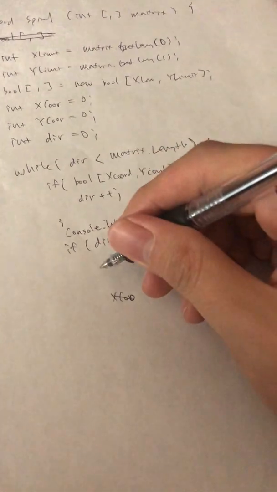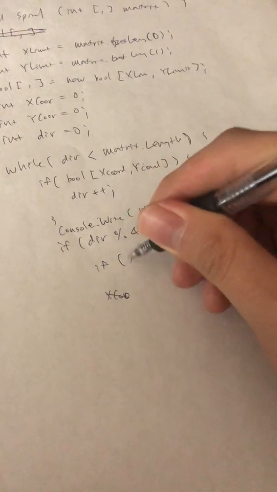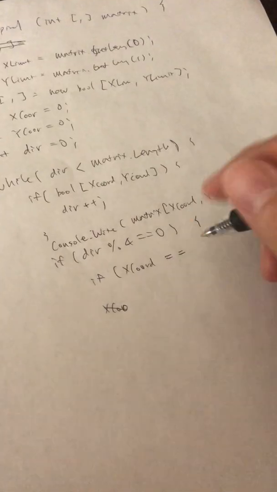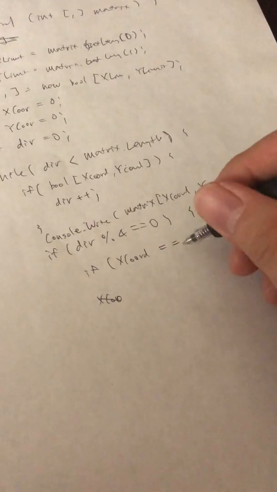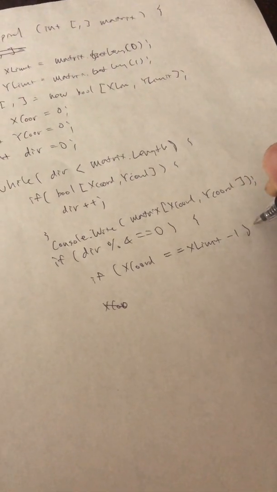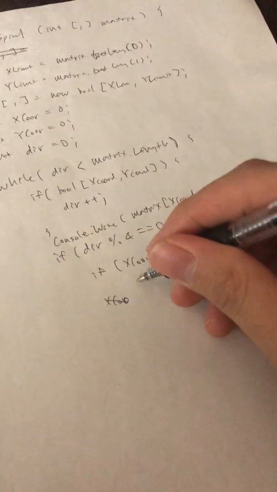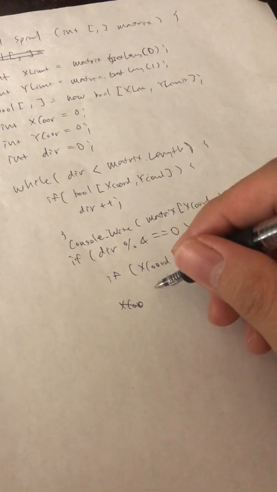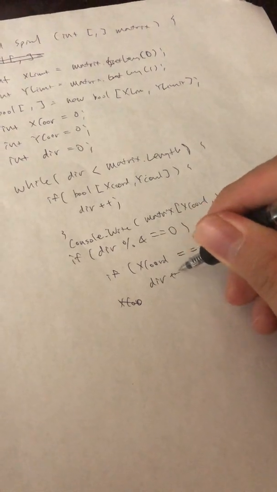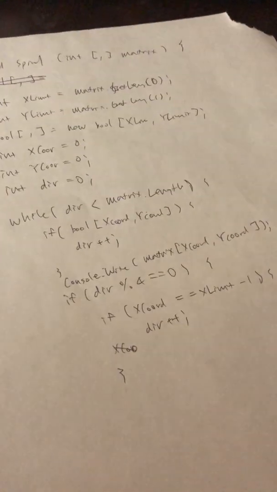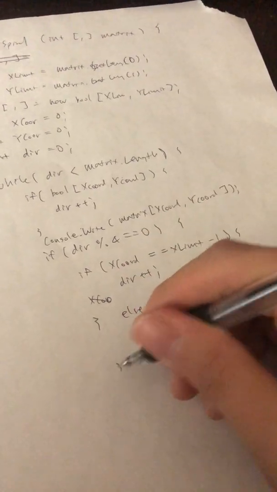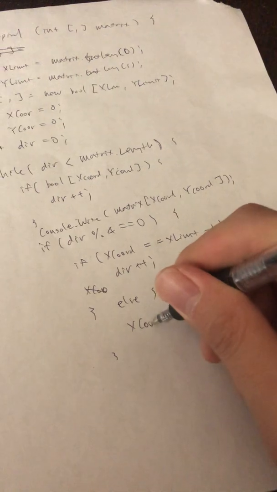So I'm going to check if x coordinate is equal to x limit minus 1, then I'm also going to change the direction. Else, I'm going to increase the x coordinate.